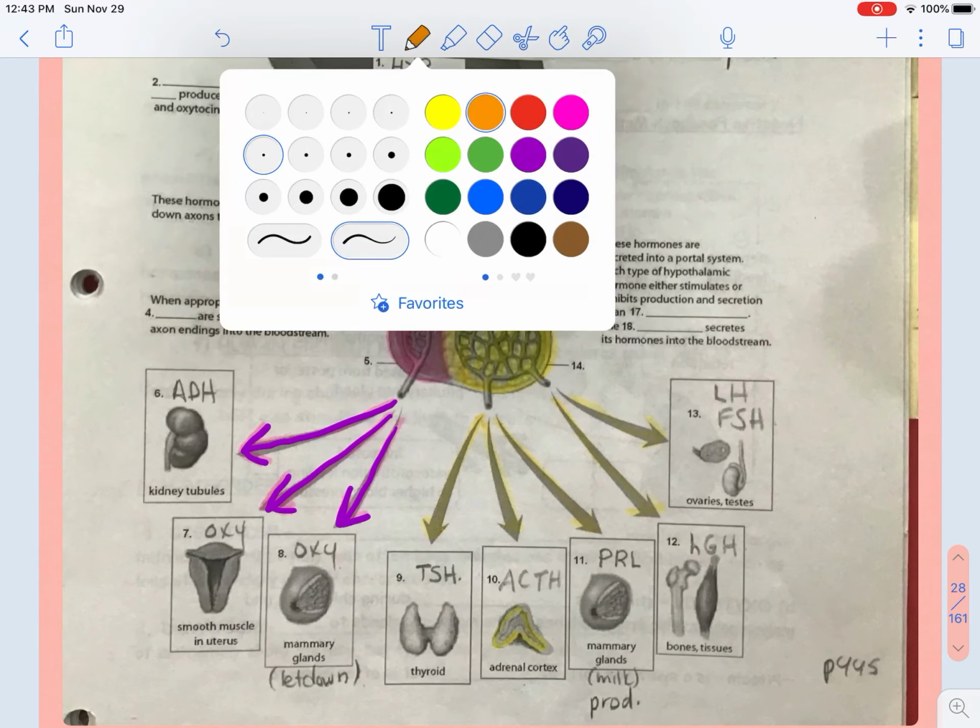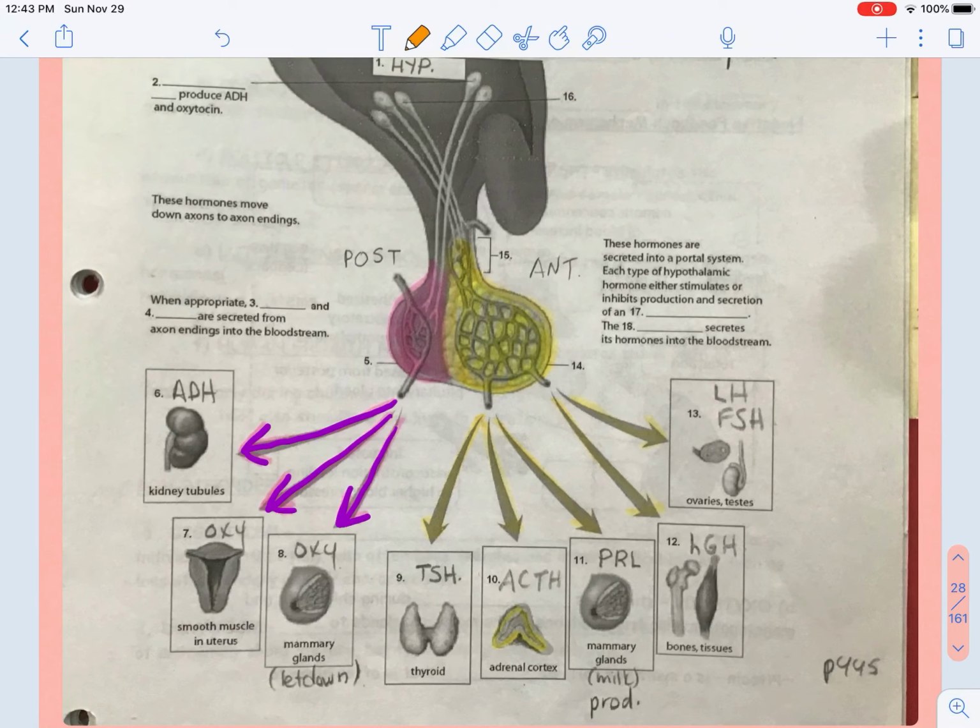The front there, the anterior pituitary, as review, makes thyroid stimulating hormone, adrenocorticotropic hormone from the cortex here, the outer part of the adrenal gland, remembering that that's over top of the kidney. Makes prolactin for milk production, human growth hormone, as well as the sex hormones LH and FSH.